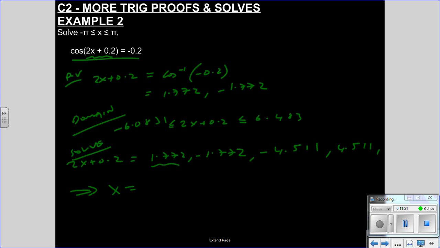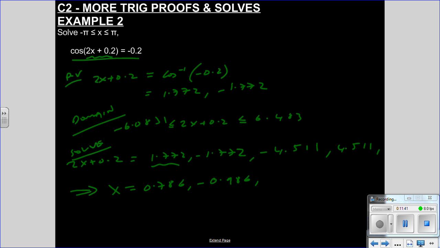So x equals 1.772 minus the 0.2 first, divide by 2, and we've got our 0.786. Our minus 1.772 minus the 0.2, divide by 2, and we've got minus 0.986.